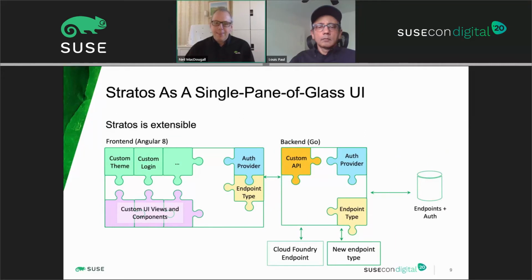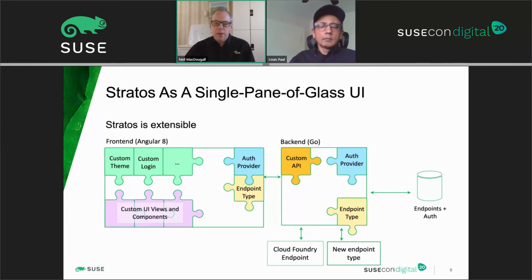Okay, so this is quite a busy slide. This really, as I was talking about, is extensibility. And I think, again, relating back to what Louis was saying, there's a real need to have a sort of single pane of glass UI where your users, whether they're developers or administrators or people that want to understand what's going on in the platform from a usage point of view, can log in once and access their data and interact with the platform.